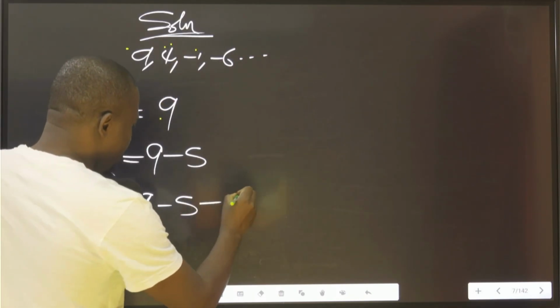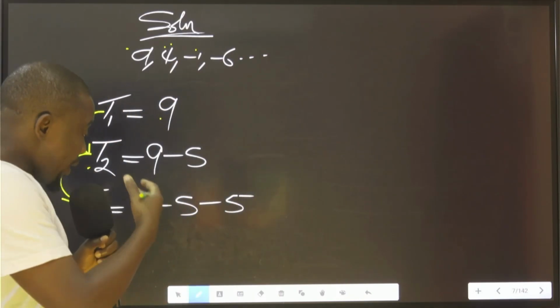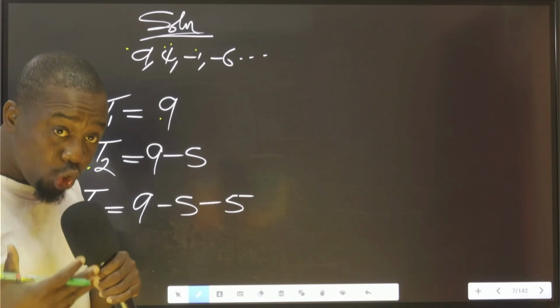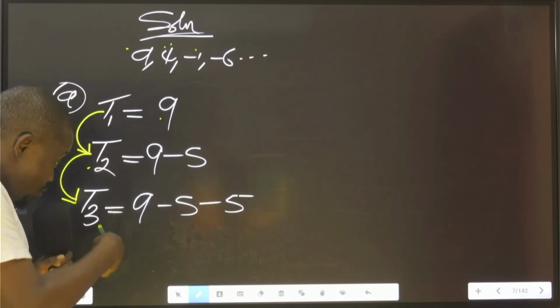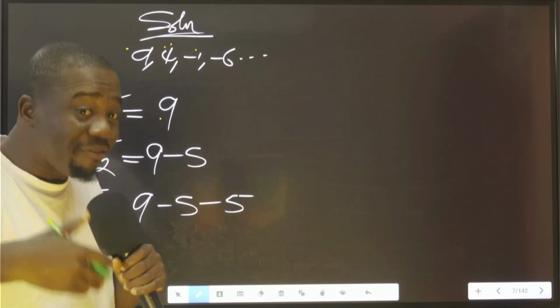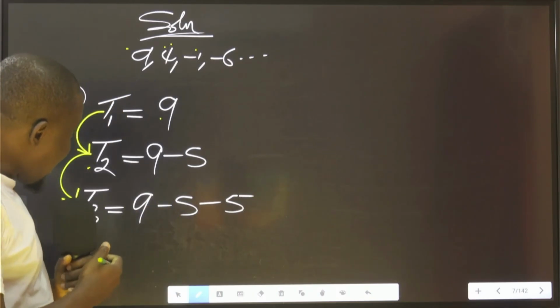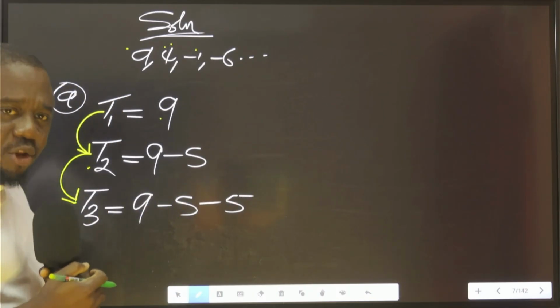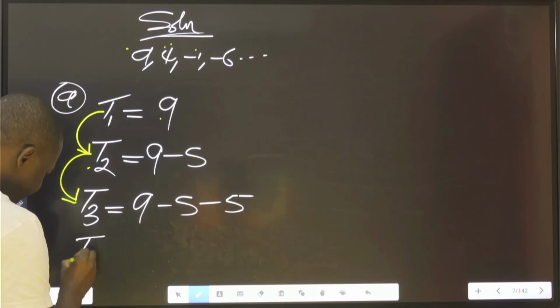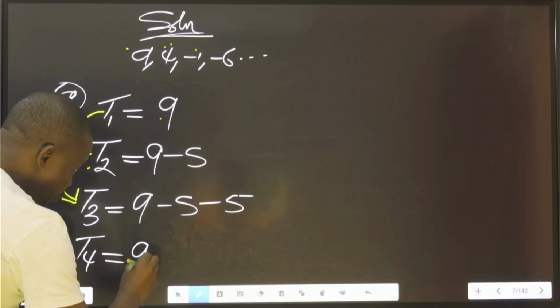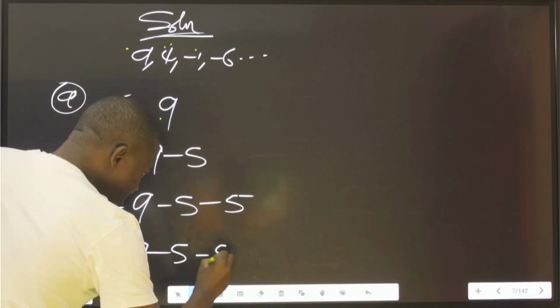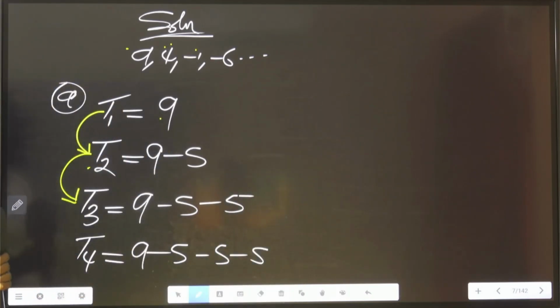So we put minus 5. Without being told, you will agree with me that the next one will be the removal of another 5. If you like, you can put it. If you don't want, let's just include it. That is, we put everything down. We put minus 5 again.